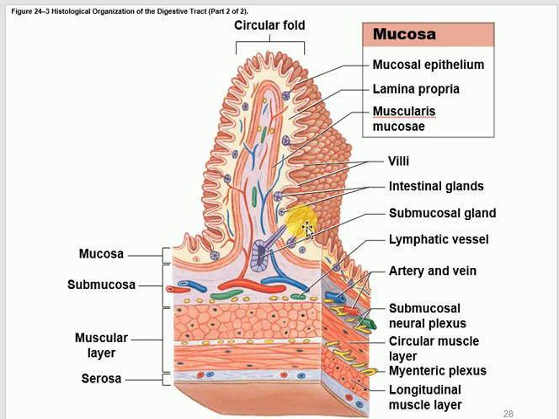Here is exactly, or very close, the model that we have. This is the mucosa up here, all of this, including the villi to increase surface area for absorption. Inside this big villus, there are villi and microvilli. Inside this you will have the blood vessels, and you have this green thing.